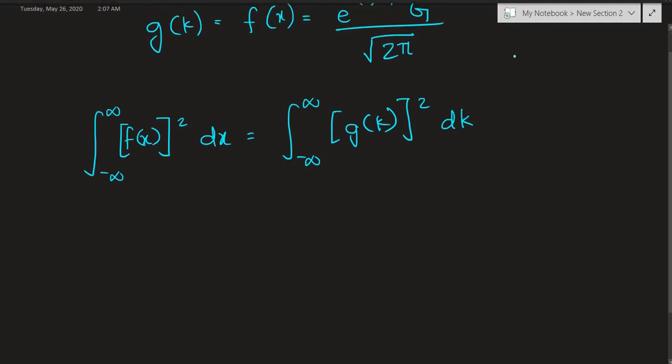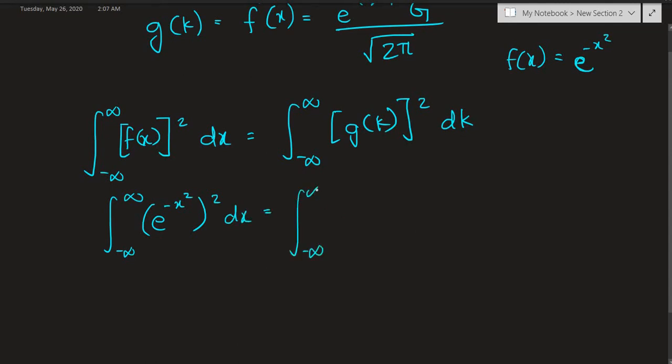So we know f of x was the integrand for the Gaussian integral, e raised to negative x squared. So we'll have the integral from negative infinity to positive infinity of e raised to negative x squared, but squared, dx, and we have the integral from negative infinity to positive infinity of what's g of k.